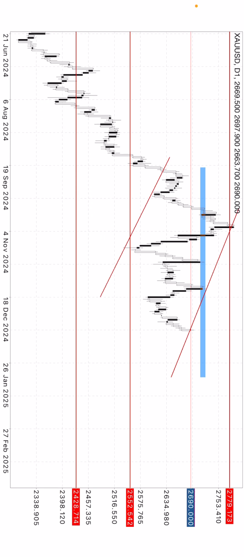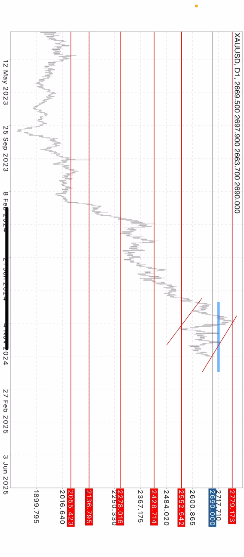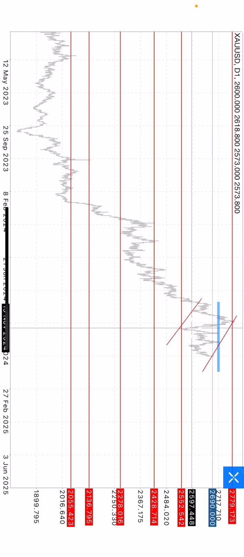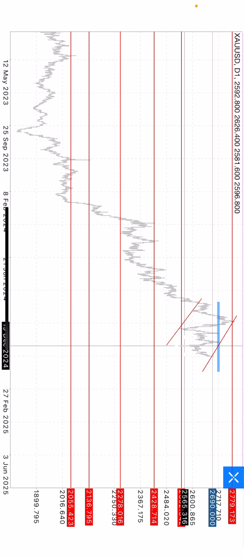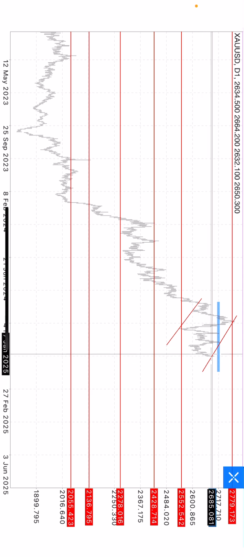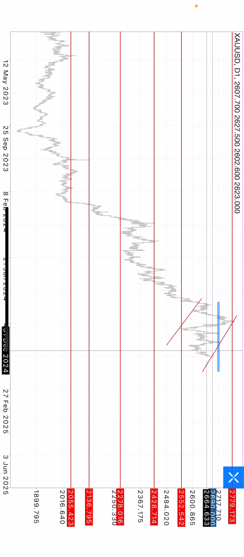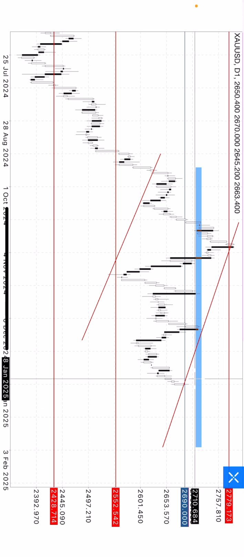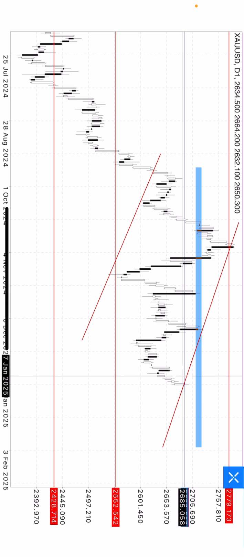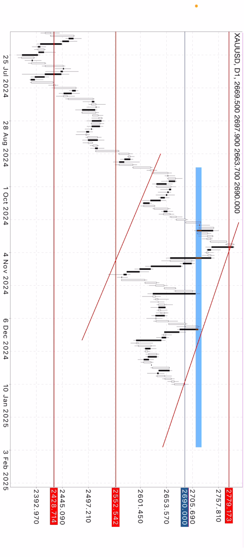We have an intermediate downtrend, with the market making lower highs and lower lows. Now the market is trying to break. Let me first zoom out. The market is trying to break this low high. When the market breaks this low high, that means the trend will have continued in an uptrend.